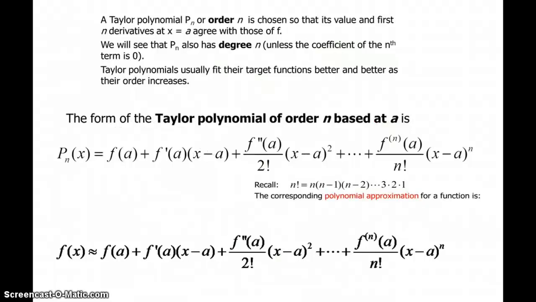And a Taylor polynomial p sub n of x of order n, order means the degree, is chosen so that its value and first n derivatives at x equal a, and a is the point of tangency, agree with or equal those of the function we're approximating. We'll see that p sub n also has degree n, unless the coefficient of the nth term is 0. Taylor polynomials usually fit their target functions better and better as their order increases.